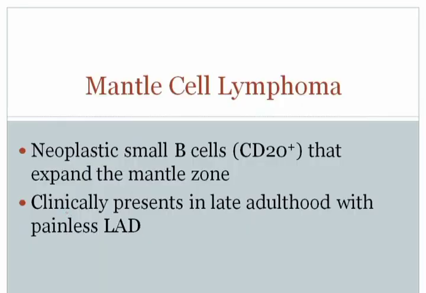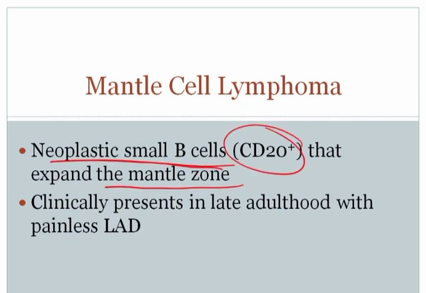Now we come to mantle cell lymphoma, which is when you have a neoplastic proliferation of small B cells, obviously CD20 positive, that expand the mantle zone. This clinically also presents in late adulthood and also presents with generalized painless lymphadenopathy.